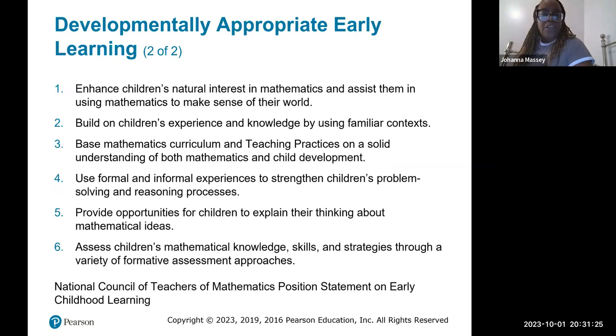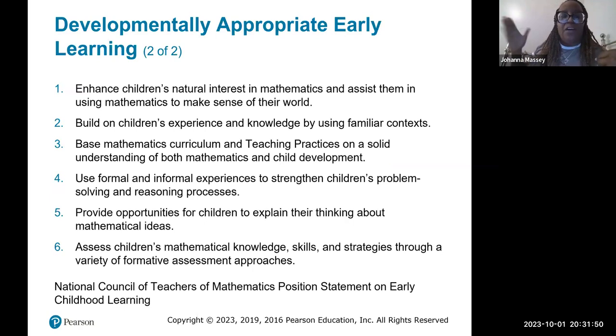So here is how children develop appropriately with early learning. They enhance children's natural interest in mathematics and assist them in using mathematics to make connections around the world. So we start talking about one finger, 2 arms, 2 ears, one nose, but you've got 2 nostrils.